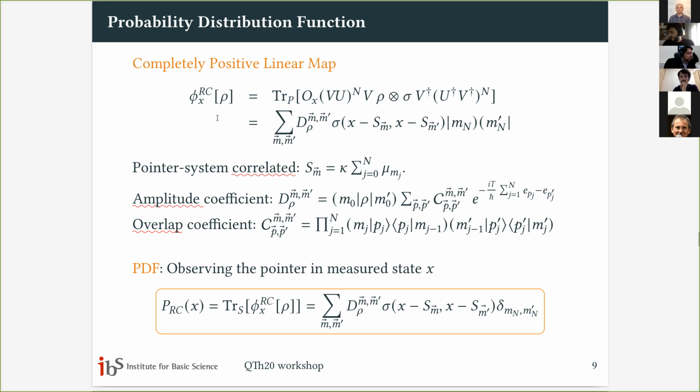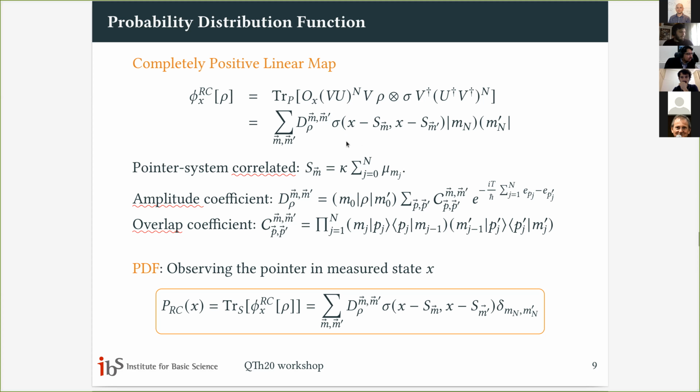So this positive linear map now has this sigma, which was my pointer state, and this pointer state has been shifted. The shift in this pointer state is given by this Sn, which is not the single eigenvalue of the measured operator, but the sum of the eigenvalues. And this is why I mentioned that this repeated contact will be used to measure the sum of certain values of the observable and not a single observable itself.